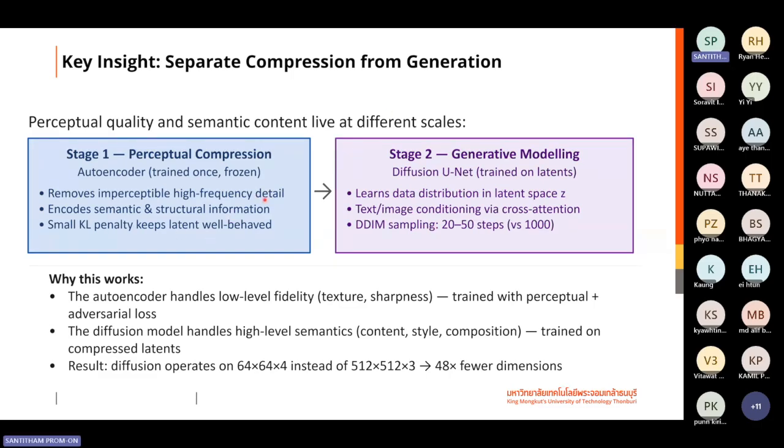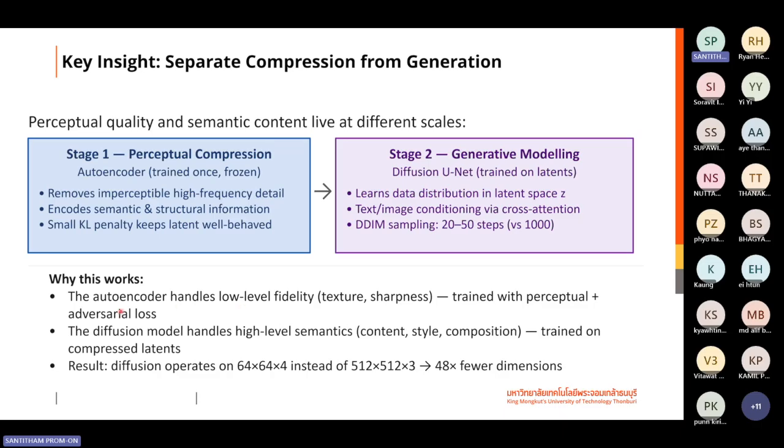It works like this because each has a separate purpose. The encoder handles the encoding of data to the latent space, while the diffusion model handles high detail, which comes from revising the detail of the latent vector.